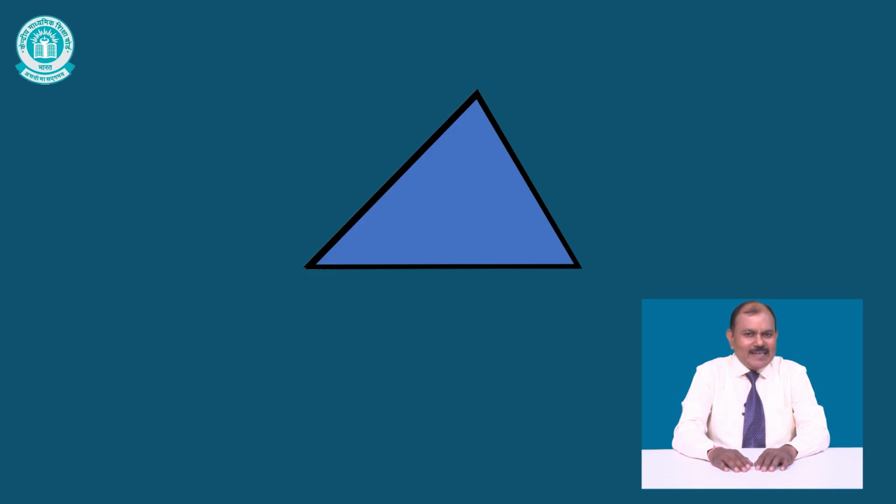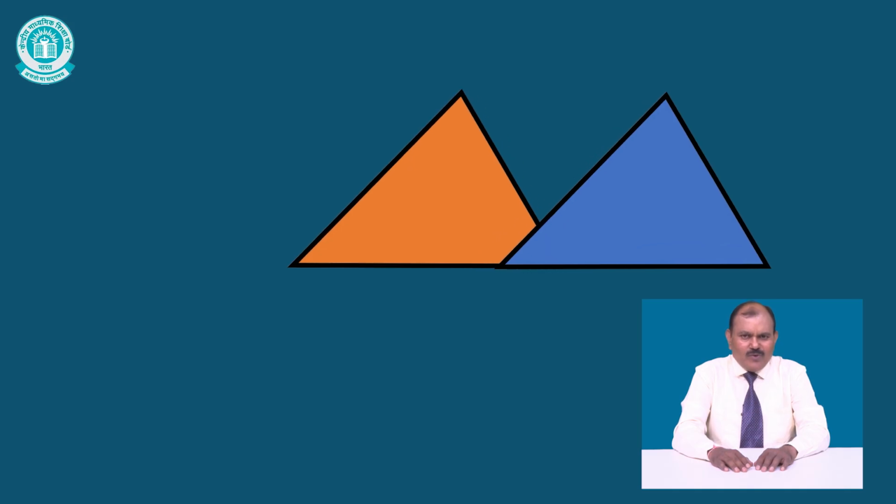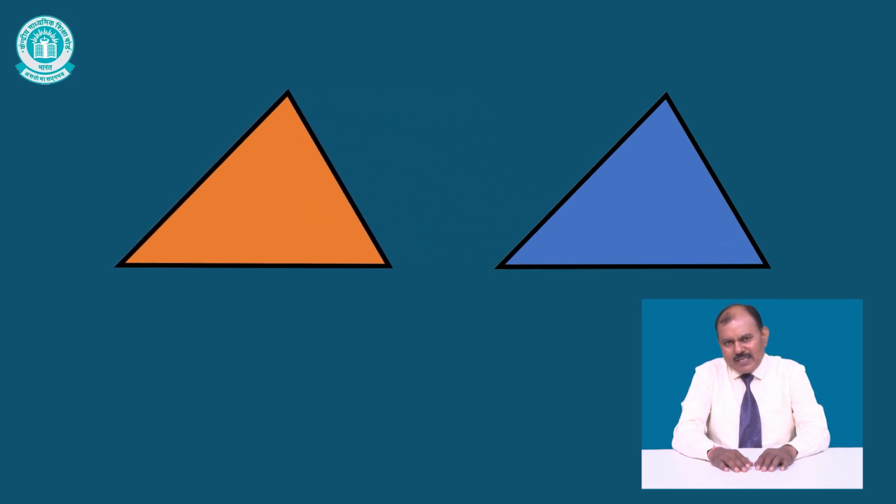We see that one triangle covers the other completely. That is, the two triangles are congruent. We observe that equality of two angles and the included side is sufficient for congruence of triangles.